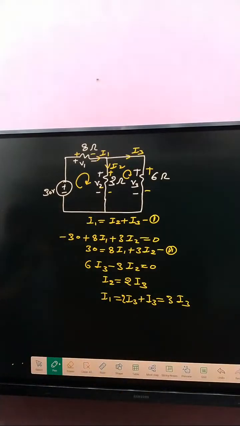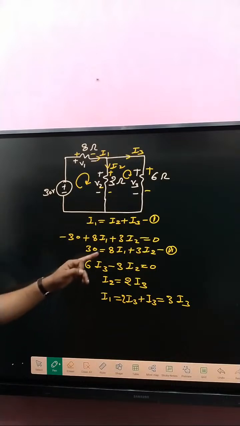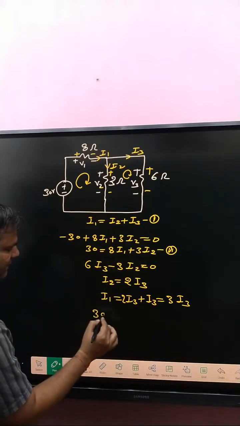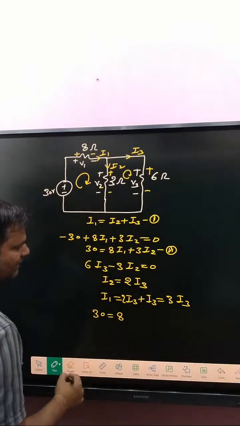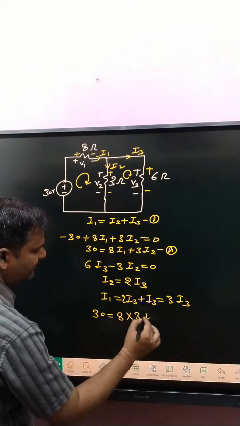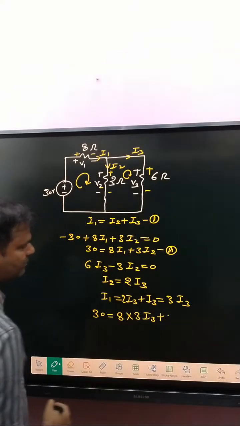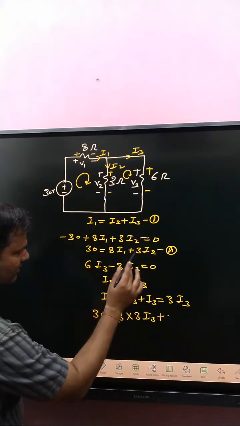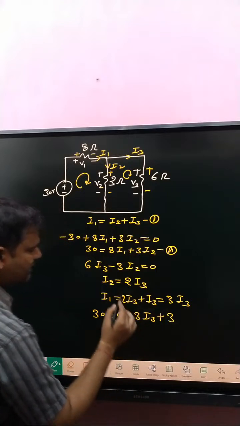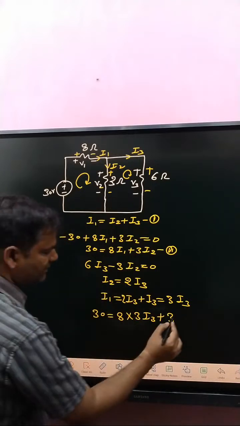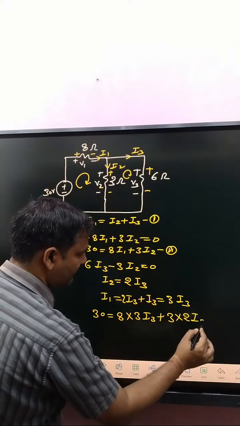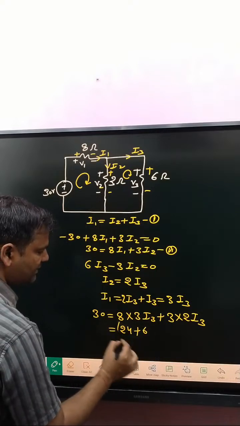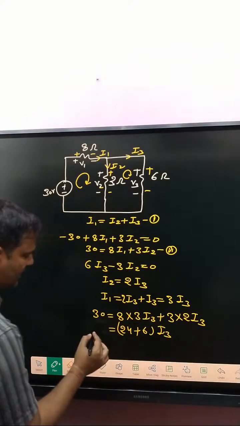Now put I1 and I2 in equation number 2, then we get 30 is equal to 8 into I1, which is 3 I3, plus 3 I2. I2 is 2 times I3, so 2 into I3. That is 24 I3 plus 6 I3, so 30 I3.